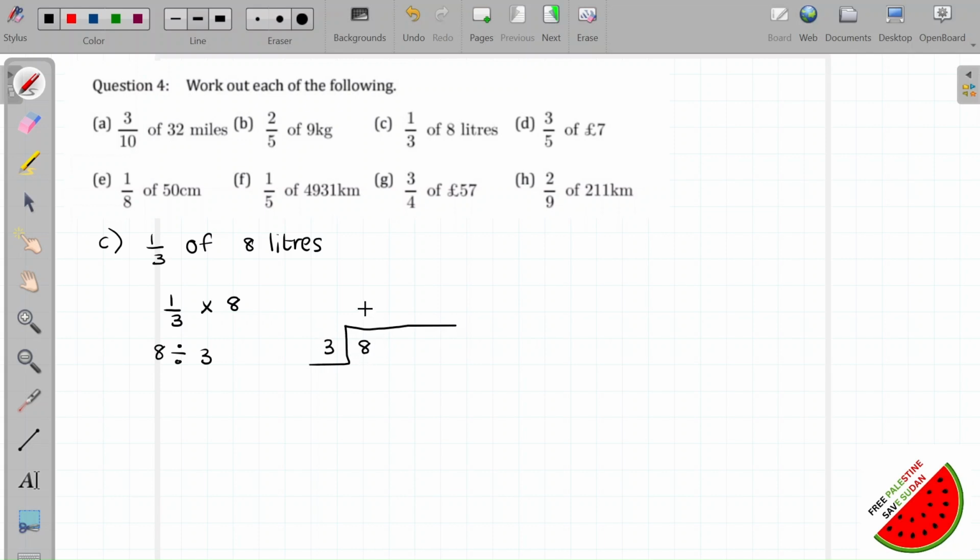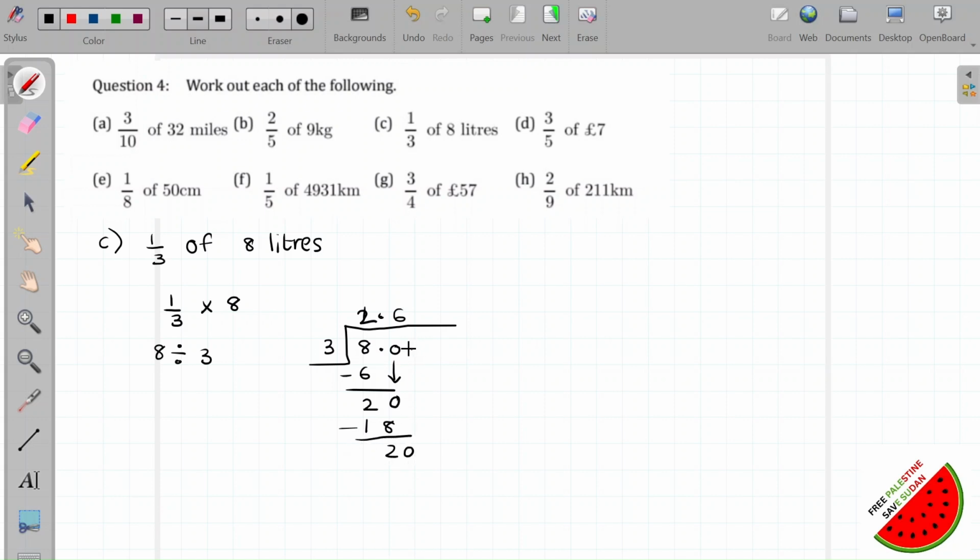So 3 goes into 8, oops, 2 times, which is 6. Subtract, remainder 2. And then 3 goes into 26 times, which is 18. And remainder 2.